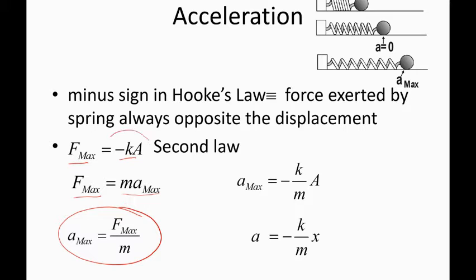I've also said that F max equals negative ka. So I've used substitution to bring me this equation: my maximum acceleration is equal to negative k divided by m, m being my mass, times x, my maximum displacement.